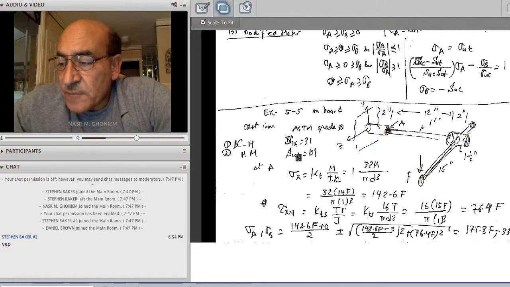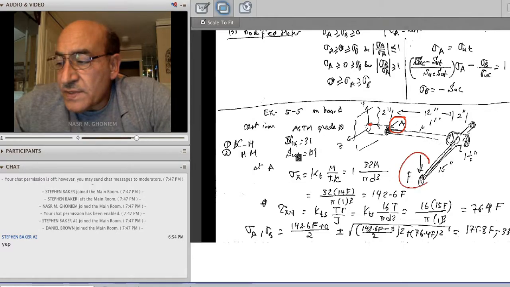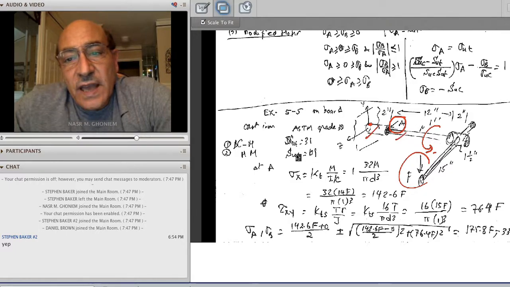So the worst point is point A. The reason we judge this the worst point is that there might be another point here that has higher bending or higher torque, but we know that the force F is going to induce a torque which is the same for A and whatever other points, and then this force is going to induce bending.